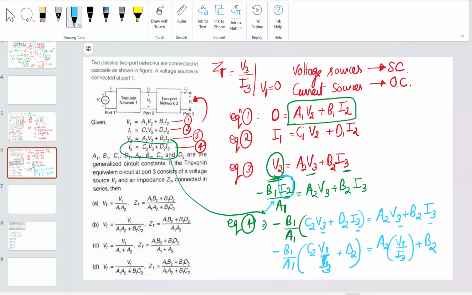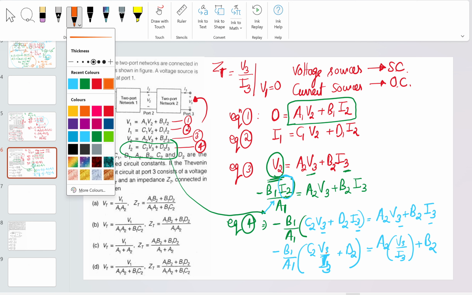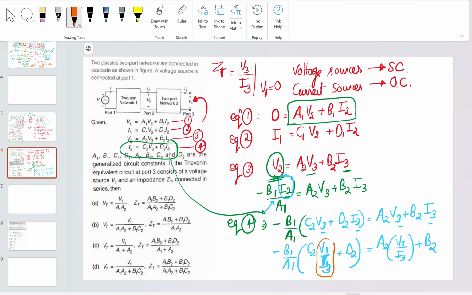We needed only this ratio. If you rearrange it, let's assume this ratio is K, so V3 by I3 is K, which makes it easy to understand.